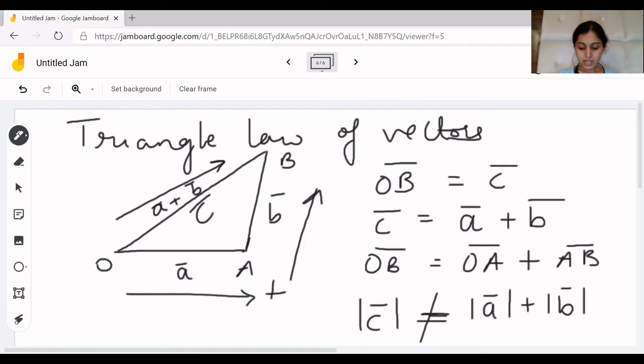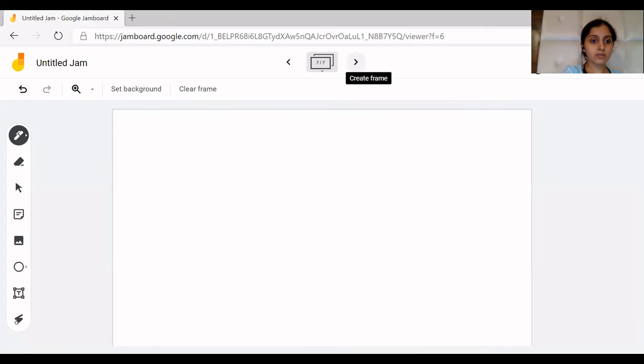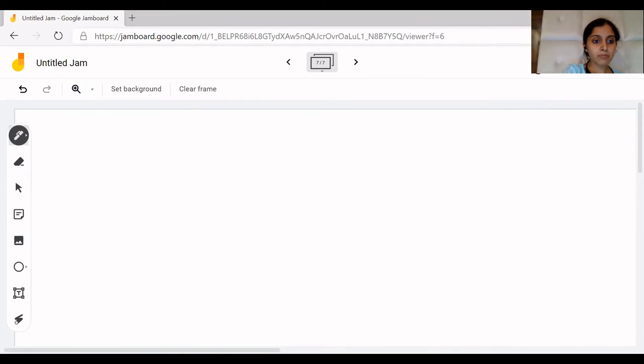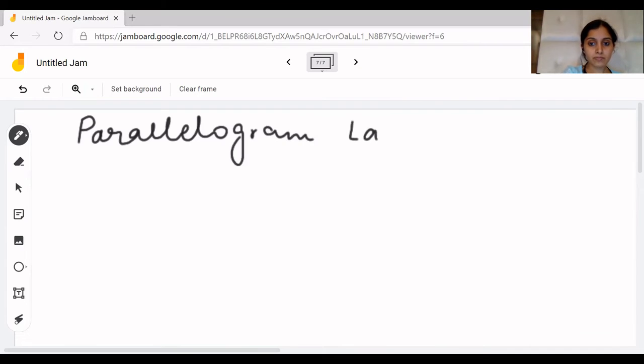Then we come down to the parallelogram law of vectors. So let's go to the next page. How do we draw this parallelogram law of vectors?